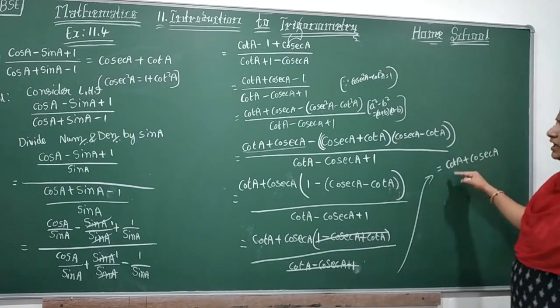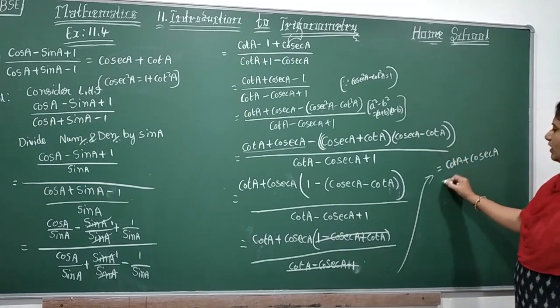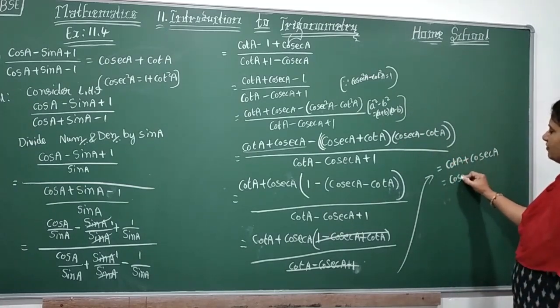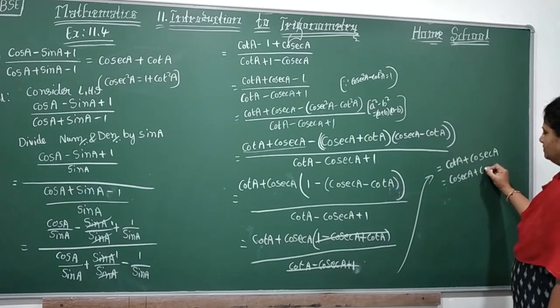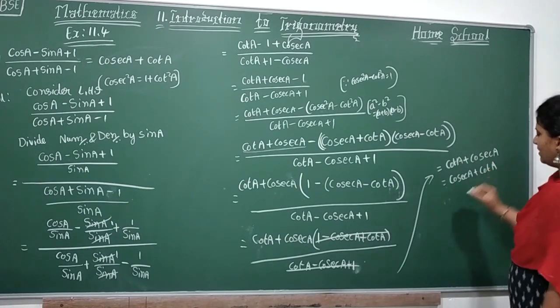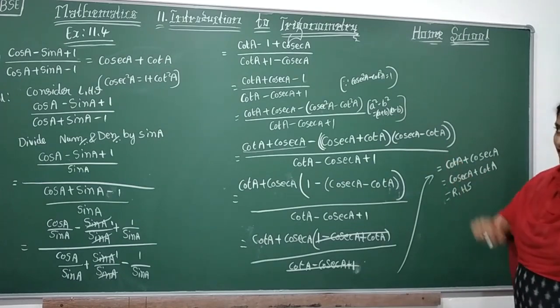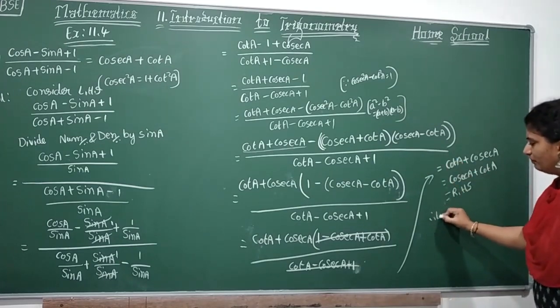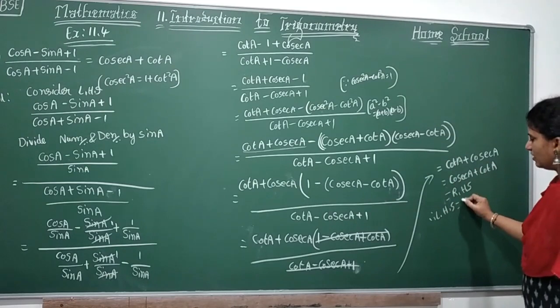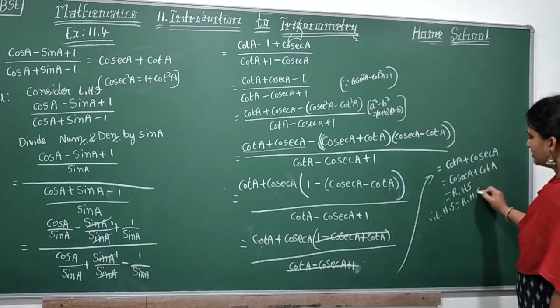But it is reversed there, no problem. If you want, you can rewrite it as cosecant A plus cot A, that is equal to the right hand side we got. Therefore, LHS is equal to RHS.